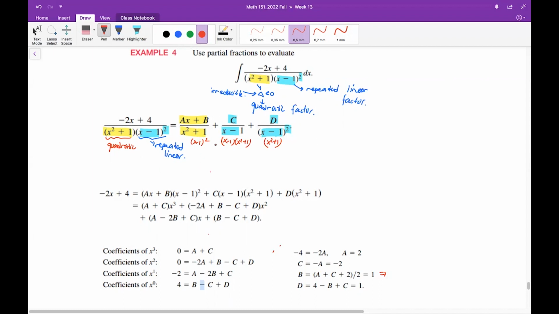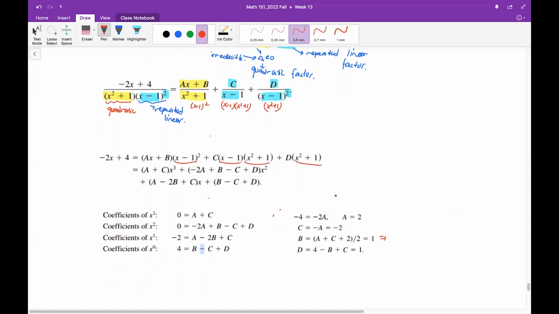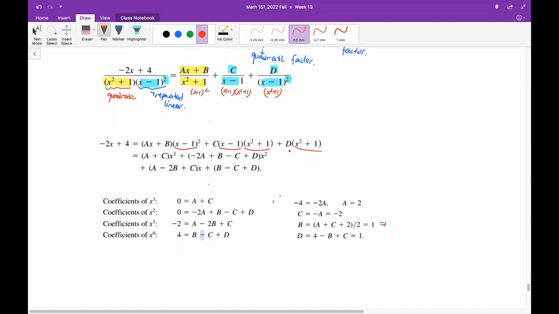If you do the expansions, ax plus b is multiplied with this, c is multiplied with these two, and d is multiplied with this. Then if you do the multiplications here, you can rearrange the terms like x cubed, x squared, x, and the constant term.